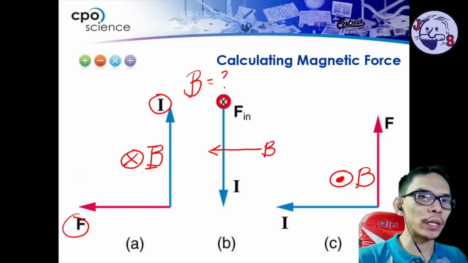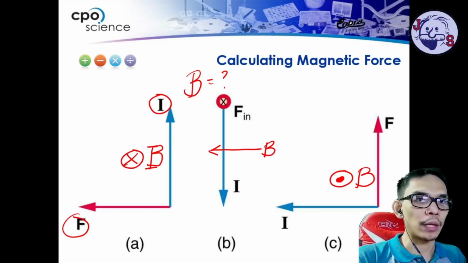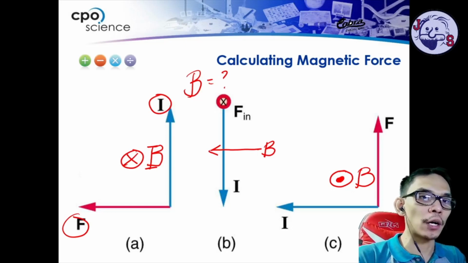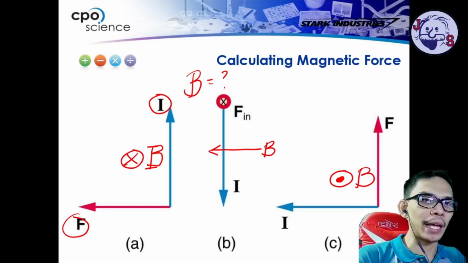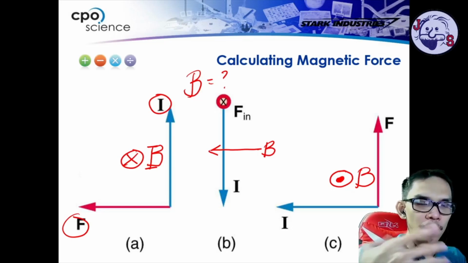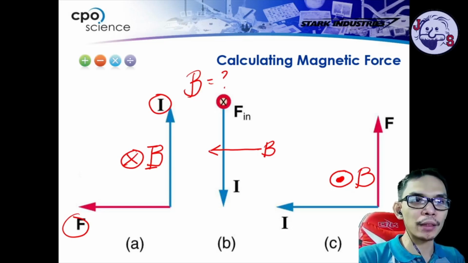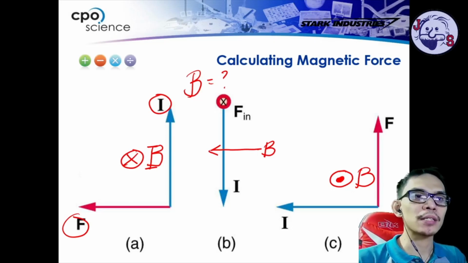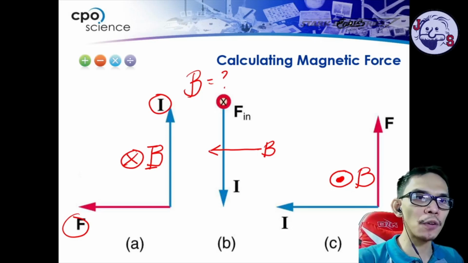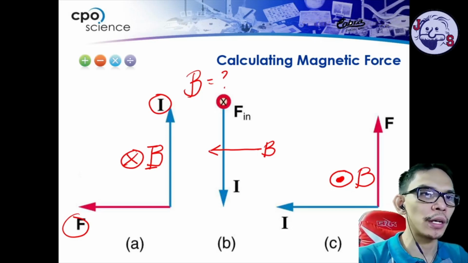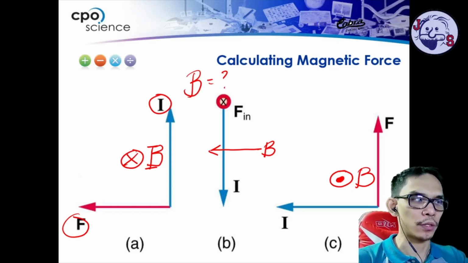And therefore, what is the consequence of that to our conductor? The conductor will move, any form of movement because of this interaction. So that ends this part of the video called the magnetic force in a current carrying conductor.